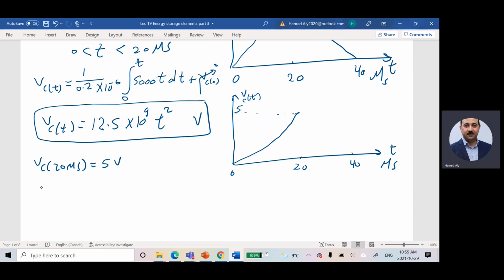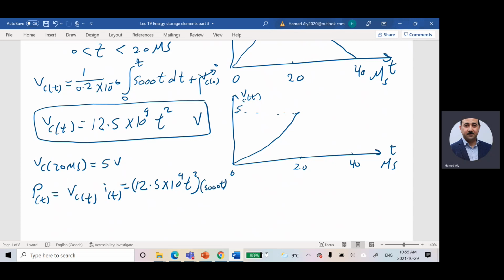Now, let me talk about the power and the energy. If you try to calculate the power P of t, it is equal to VC of t multiplied by I of t. Actually, V is equal to 12.5 times 10 to the power 9 t squared, multiplied by 5,000 t.